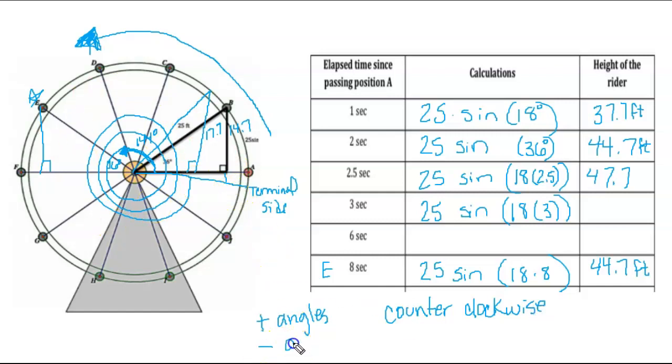If we're giving a negative angle, it just means that we're traveling clockwise. And so the sine function, our trigonometric functions, are based on this circular idea so that our angles are not just limited to being between 0 and 90.